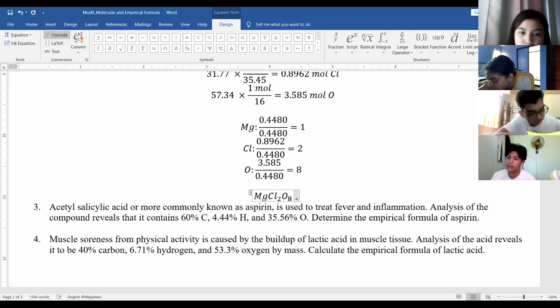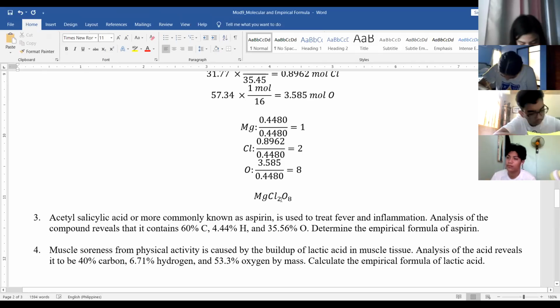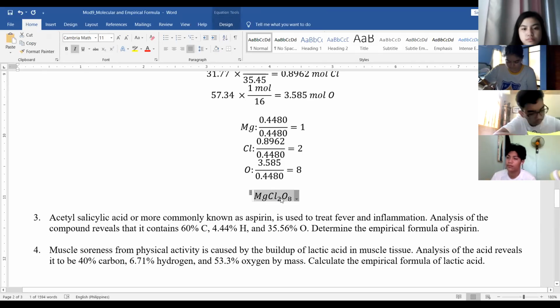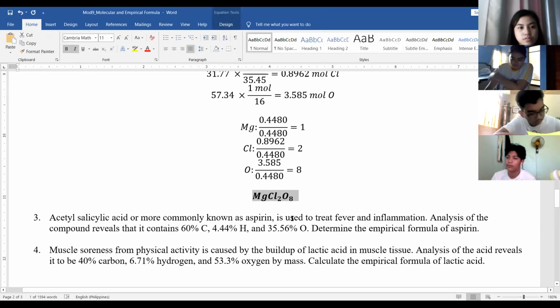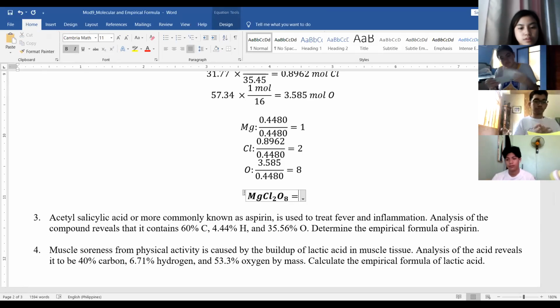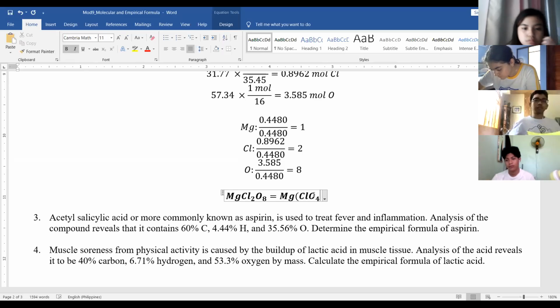So there you have now your answer in number 2. The formula for magnesium chlorate is this one. Ctrl+B. You can also rewrite this formula in such a way that it will represent really the perchlorate, because this is, I think, perchlorate. So we have here magnesium, open parenthesis, chlorine with a subscript of 1, oxygen with a subscript of 4, and then both of them have a subscript of 2.